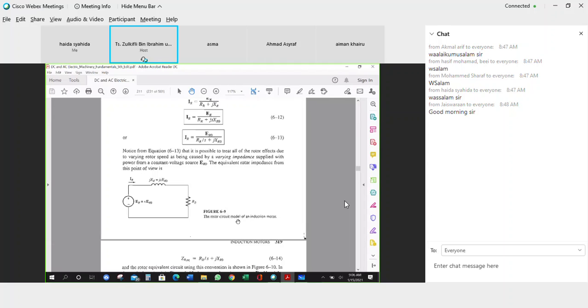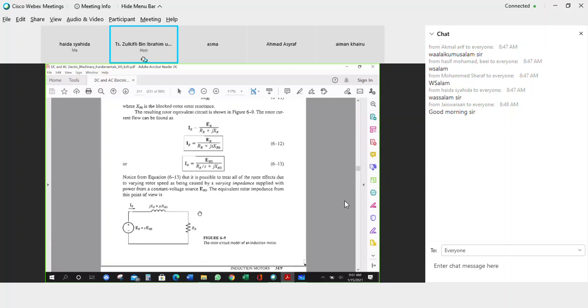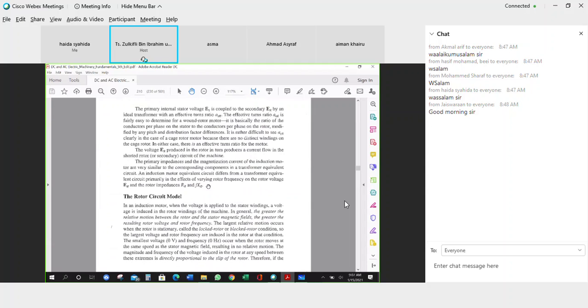So when the machine is running, you have the equivalent circuit of the rotor, which is represented as the induced source, the induced voltage, or the induced back EMF. So E_R for the rotor equals S E_R0. E_R0 is from when the machine is stationary.